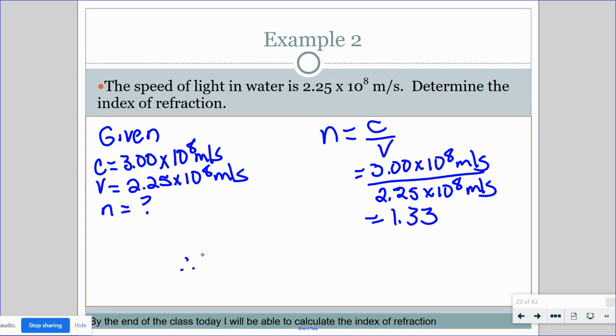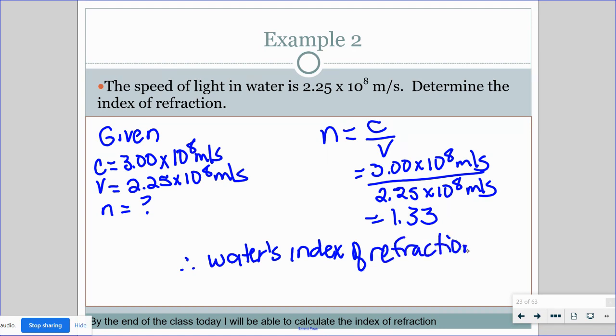So therefore, water's index of refraction is 1.33.